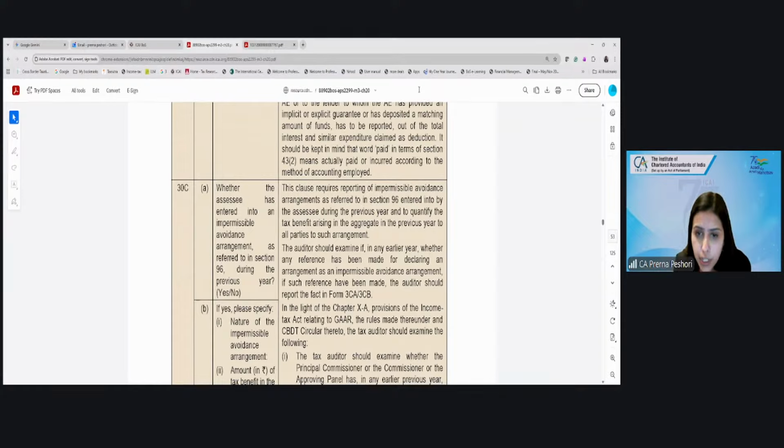So how will the auditor verify? He will not be able to come to a conclusion to identify whether this arrangement is true and correct.